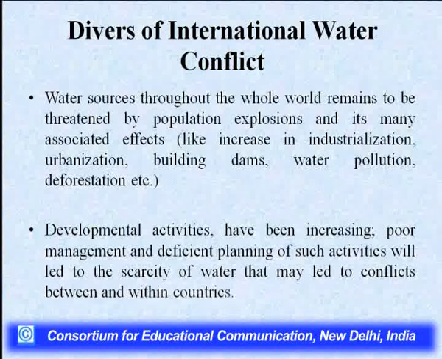These are the important drivers of international water conflict. Different developmental activities are also taking place, which demand more water, and that leads to scarcity of water, because the supply of water is very limited.